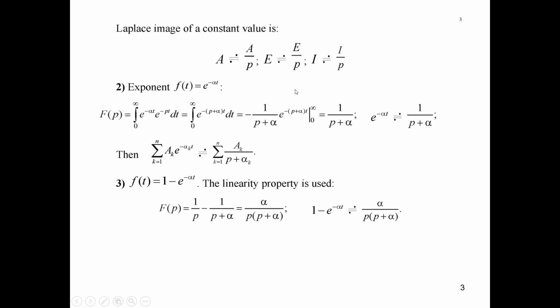So if we have, for instance, a DC EMF, this capital letter E, its image by Laplace will be equal to E over p. If we have a constant DC current, its image by Laplace will be equal to I over p.